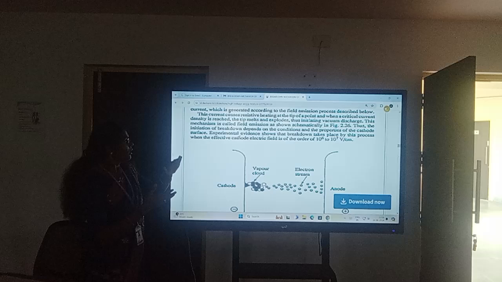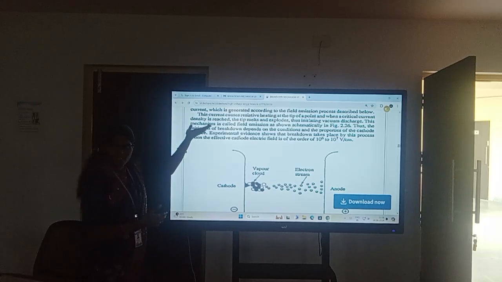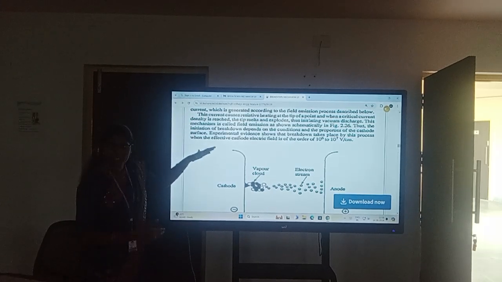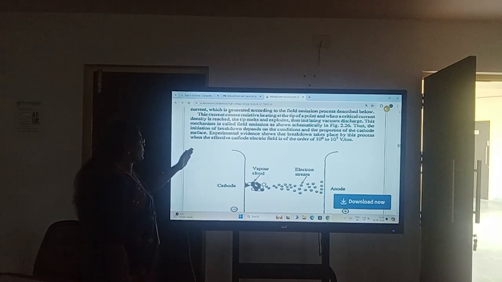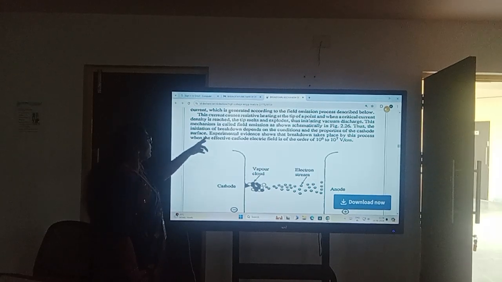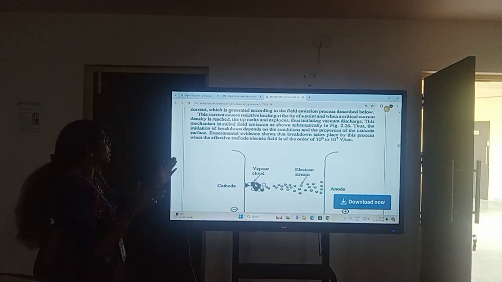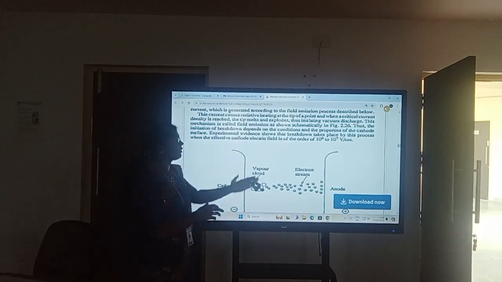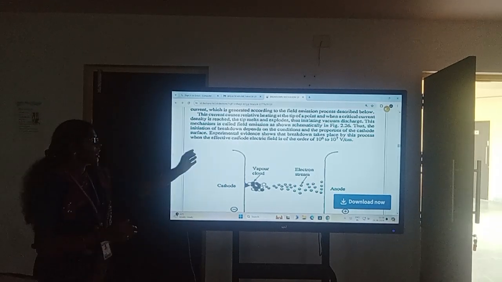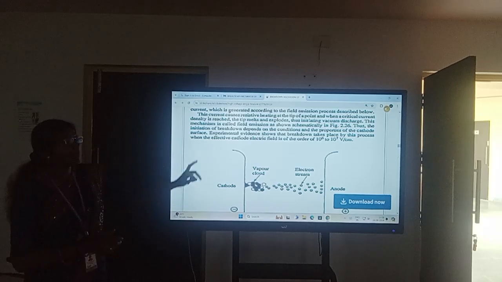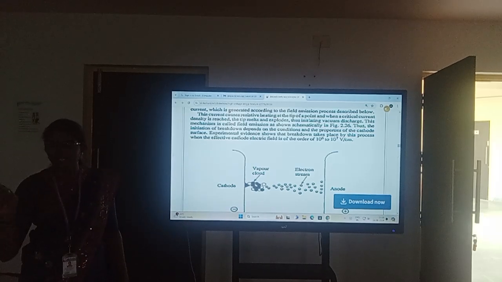Okay, the same theory which we studied for the anode heating, next we will study for the cathode heating. And one specification you have to write down: experimentally this has already been done. The effective cathode electric field will be in the order of 10 to the power 6 to 10 to the power 7 volt per centimeter. Vacuum we have already studied.